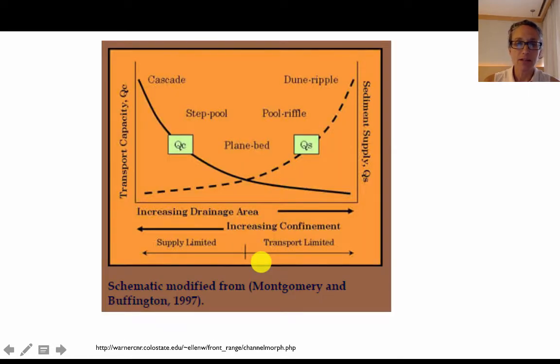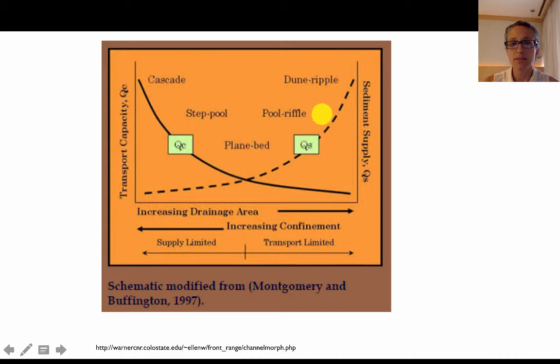And another classification system, again from Montgomery and Buffington, is looking at, so we have transport capacity here, which is related very much to the steepness of the channel, the sediment supply over here, and then whether a river is transport limited versus supply limited, and where we get the different geomorphic forms.